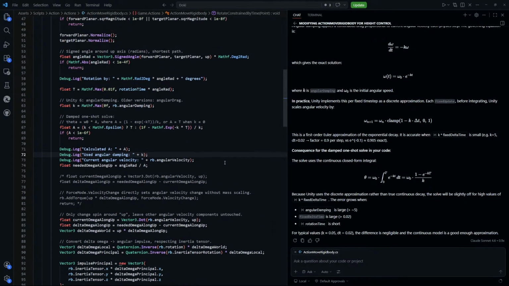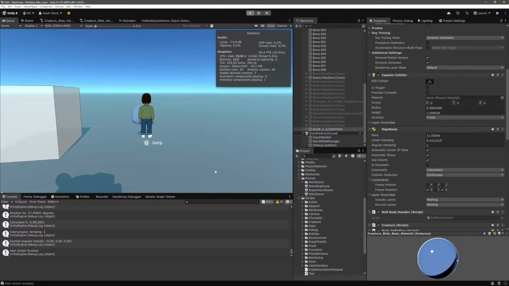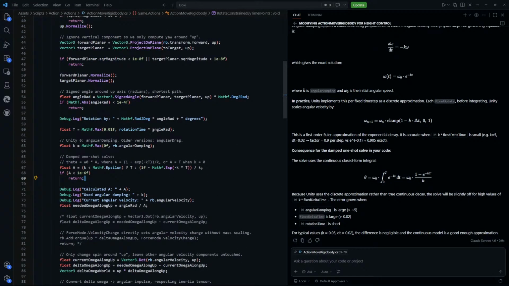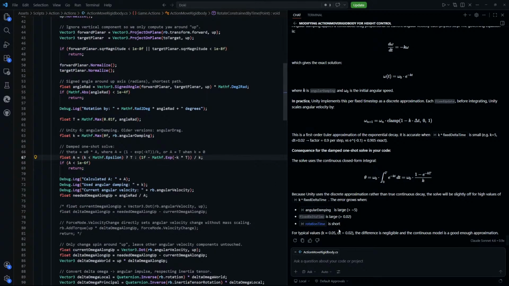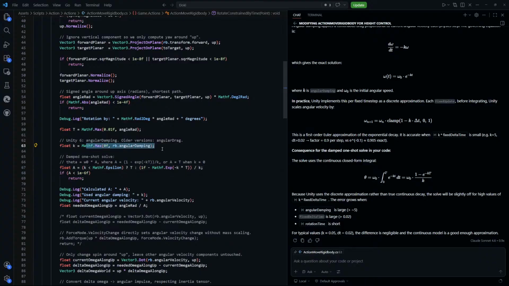Oh yeah, we definitely want to fix this as well. Okay. Rotation time is short. For typical values, K and DT, the difference is negligible. K. Having a K with 0.05, yeah, that's way too small, I think.